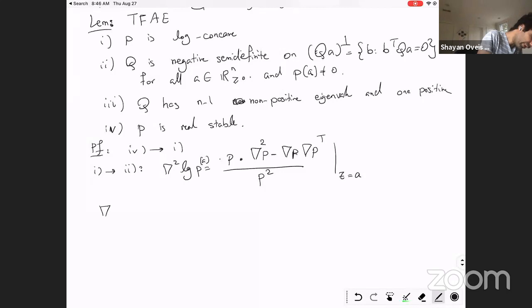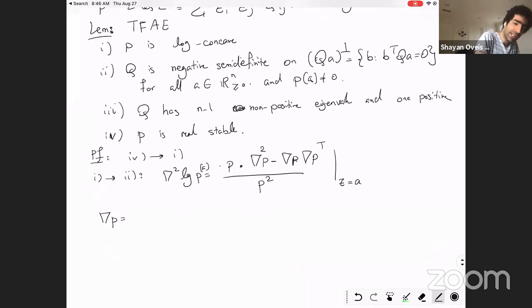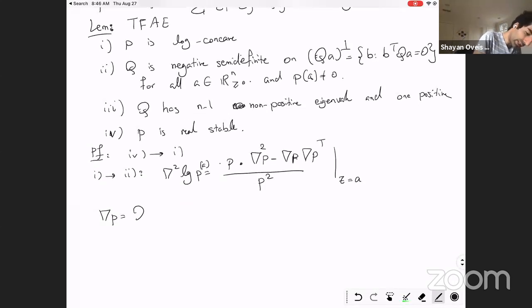P is z transpose Qz, so the gradient of P at A is exactly equal to twice QA. Now here is the point. Let's say you have a vector B in QA perp.